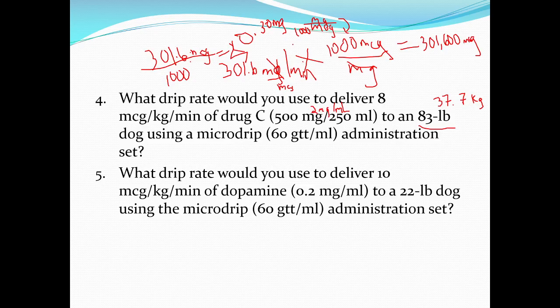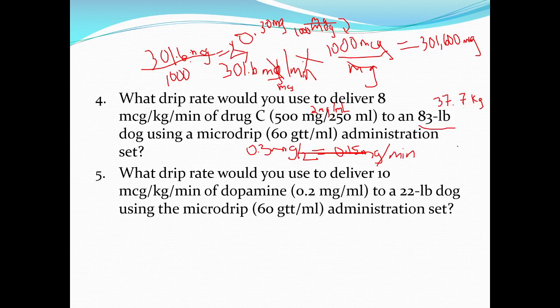0.3 milligrams, change that to milliliters. There are 2 milligrams per milliliter. So if we take 0.3 milligrams and divide it by 2, you get 0.15 mils per minute. We're still on per minute.